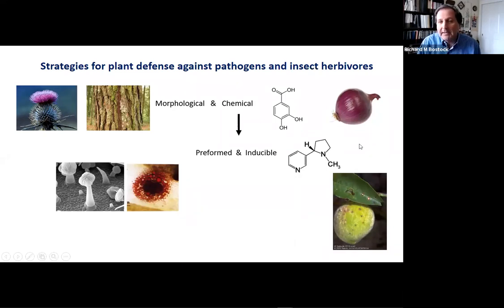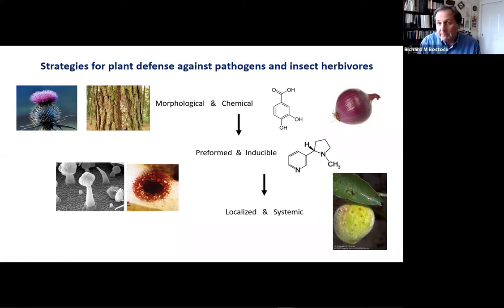By induced, I mean defenses that are induced after the plant is attacked. The advantage of that is that they're formed at the right place at the right time, basically, is the way we like to say it. These can actually be chemical barriers as well.